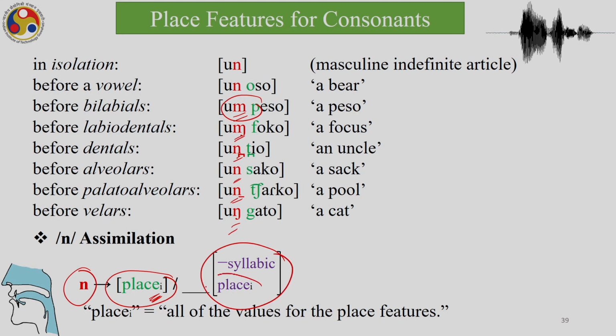Whatever the place of articulation of the following consonant, whether velar, palatoalveolar, dental or labiodental, the nasal takes exactly the same place of articulation. So it's a complete replacement of the place of articulation, and that's why it has to be indexed with i. The indexation means that whatever the place of articulation of this is, this will just change to that.